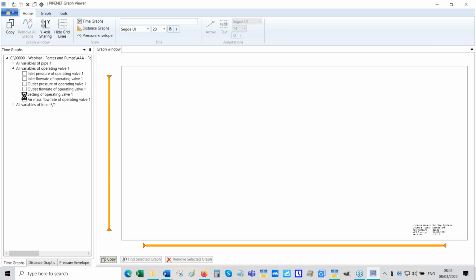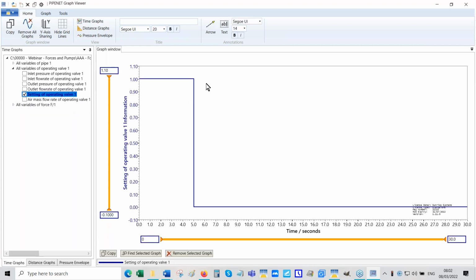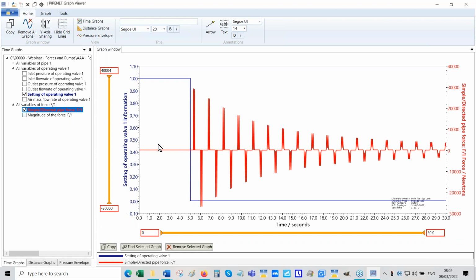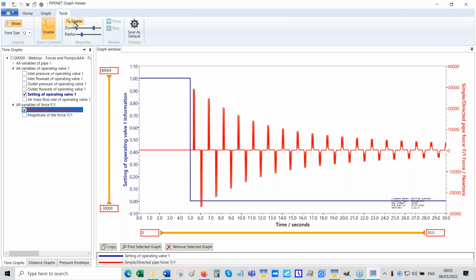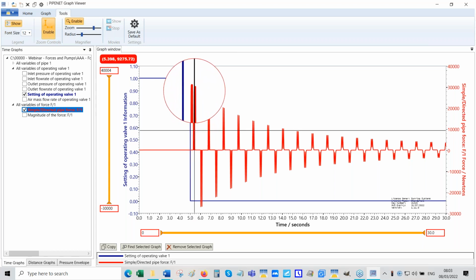Show the valve position, instantaneous closure. So you can see the force remains 0. This is the point I was making, because the pressure pulse takes time to get to the input. If you have a look at it using the magnifying glass, you can see the difference. The other interesting thing about this is there are 2 spikes here.